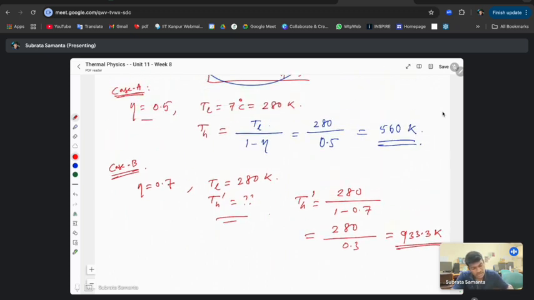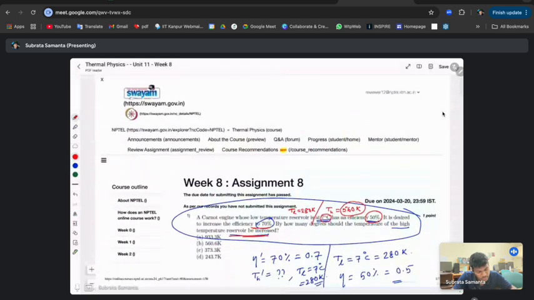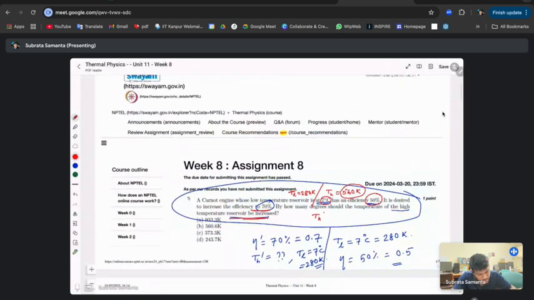And TH is 560 Kelvin, and your TH prime is 933.3 Kelvin when the efficiency is 70%. So the question: how many degrees should the temperature of the high temperature reservoir be increased?